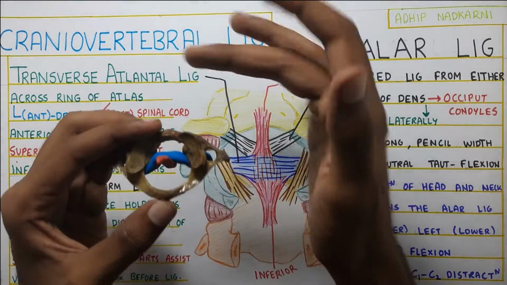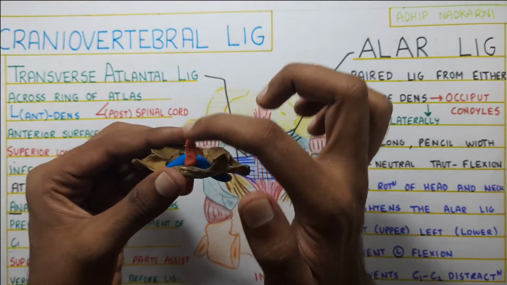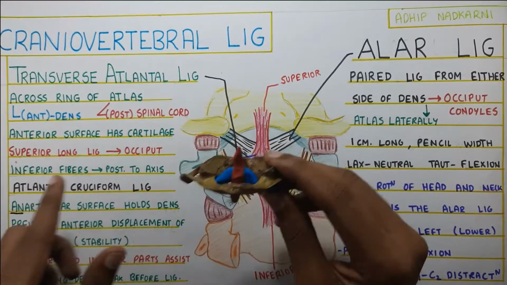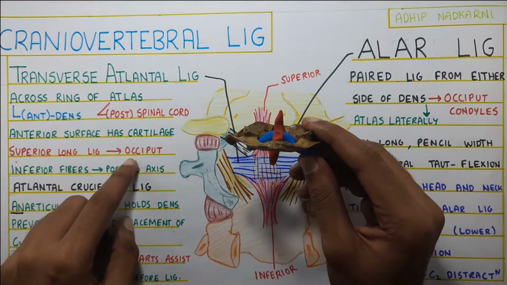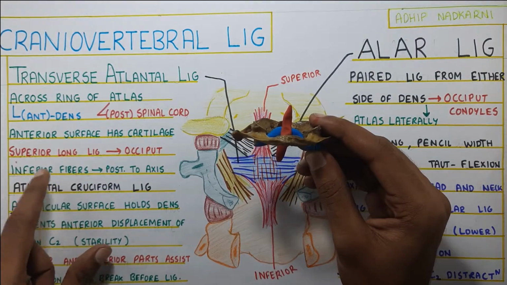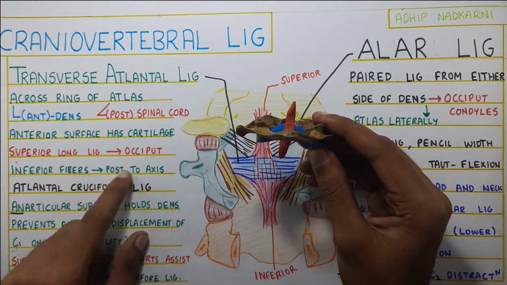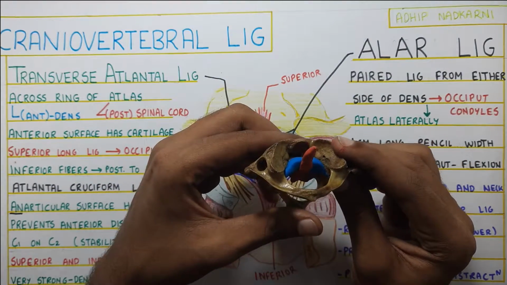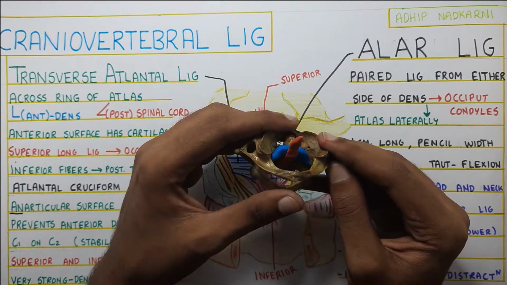So this is the anterior side, and posteriorly there will be the superior ligament, the inferior ligament, and this is the transverse ligament. So the superior longitudinal ligament will go and attach to the occiput on top, and the inferior one will go and attach to the posterior part of the axis, because the axis is below it, right? So it will attach to the axis over here like this.